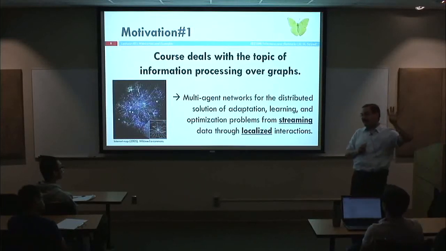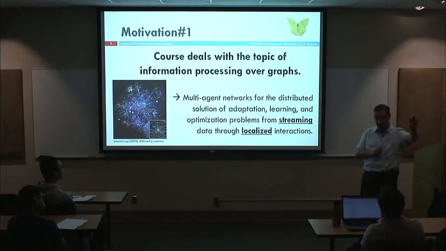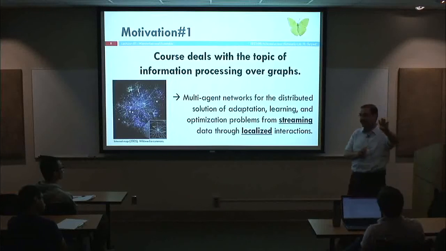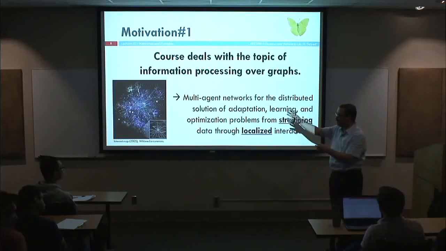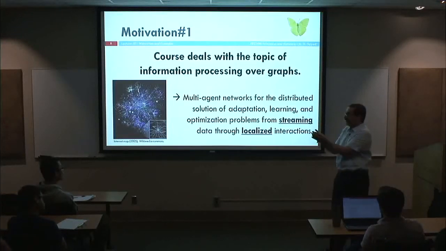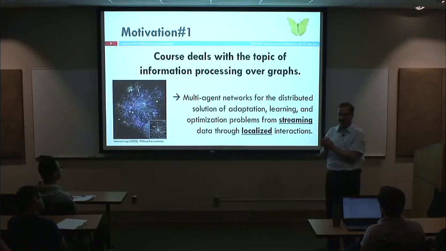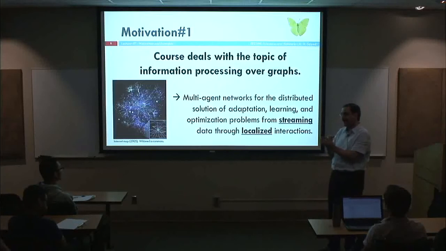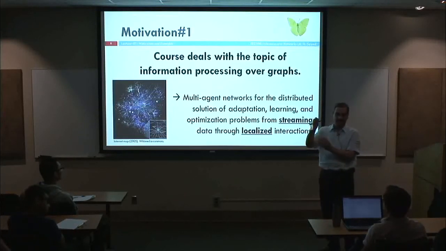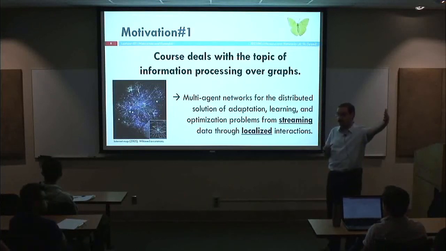But if I don't have that luxury of collecting all the data at a remote location that can perform that processing for me, if I can only process the data locally through localized interactions, can I make a network of agents like this, even though each one of them only has access to part of the data, achieve a similar level of accuracy to what a centralized solution will perform?